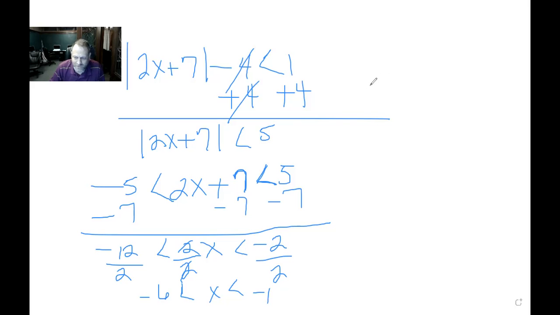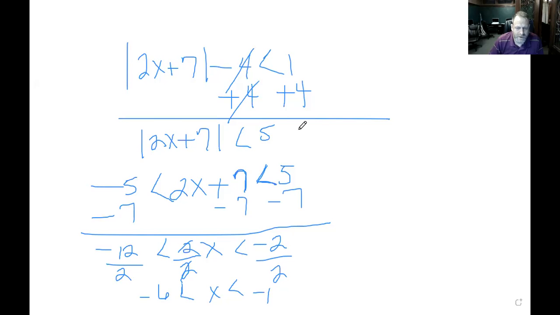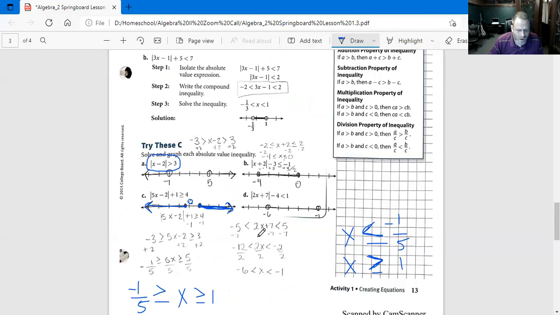So let's take a look at this. Back over here. All right. So back over there on letter D, we had negative 6 is less than x is less than negative 1. Let's make it easier to put it on the number line. So let's break this in parts.